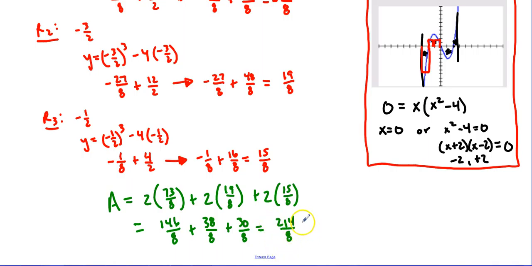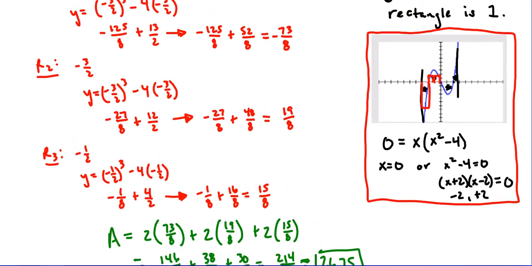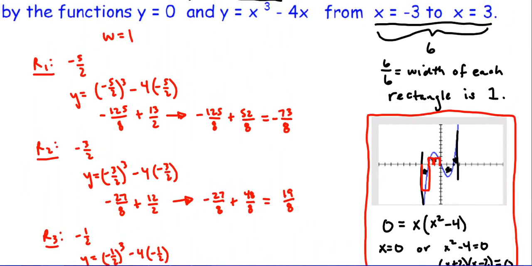So 214 divided by 8 is about 26.75, or it is 26.75. So that would be our area estimate using 6 rectangles for this particular function.